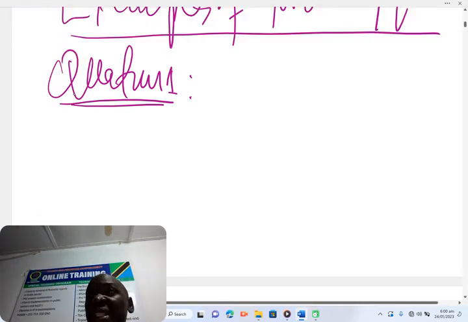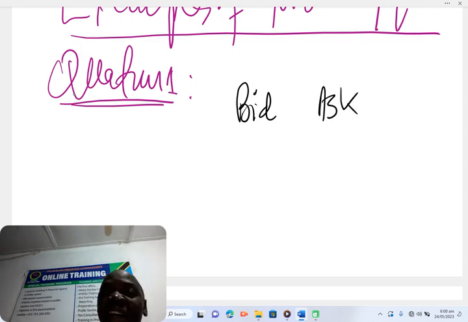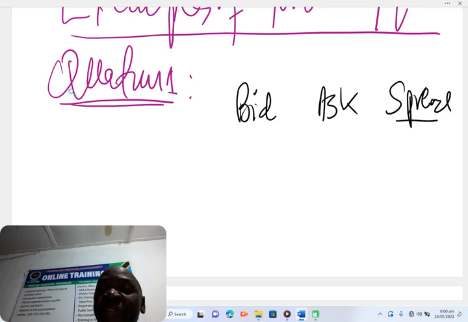In order to note a two-way quotation, there must be somewhere a bid, and also there must be somewhere an ask, and you must have somewhere a spread. Do you see? There must be somewhere.